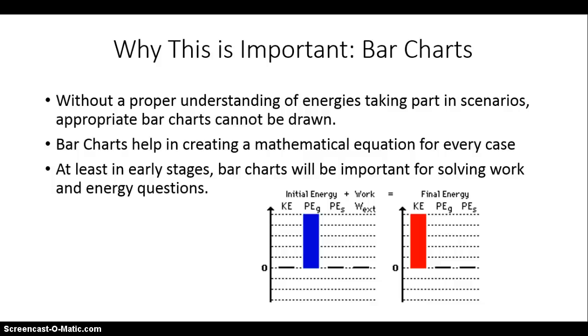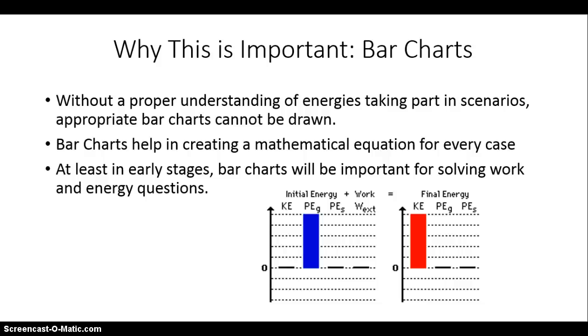Now, as I said before, knowing the types of energy is really important, especially when solving problems to do with work and energy, because at least in the early stages, we will be using bar charts to help us solve these problems. And if our bar charts don't have consistency, then we ourselves may be confused when doing the problems. Bar charts are basically a method of creating a mathematical model to write our equations at the end.